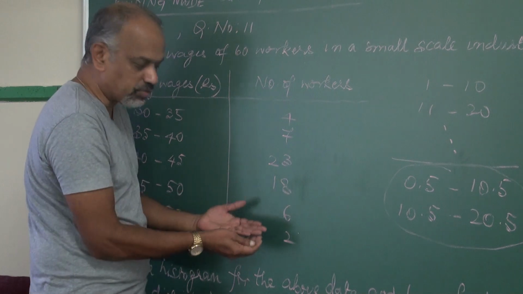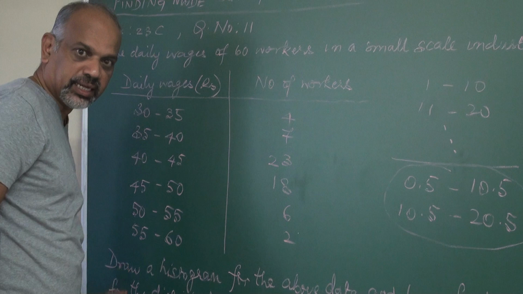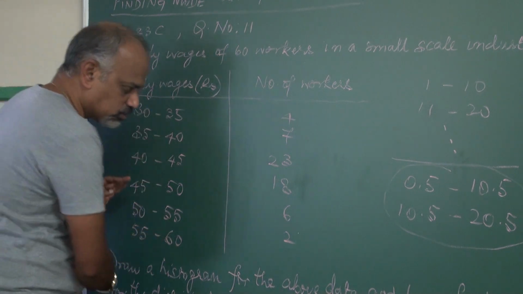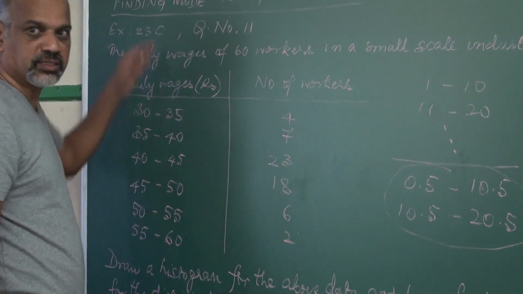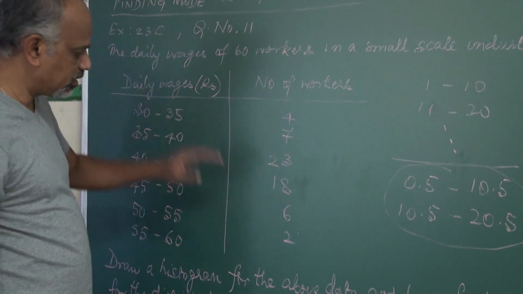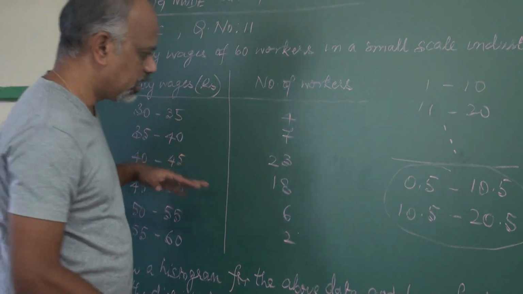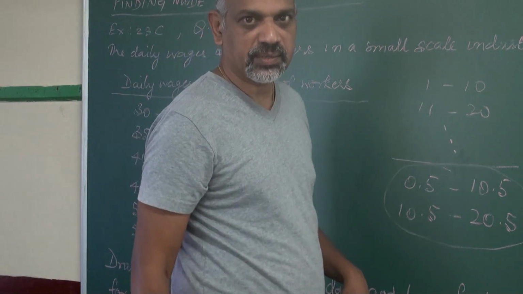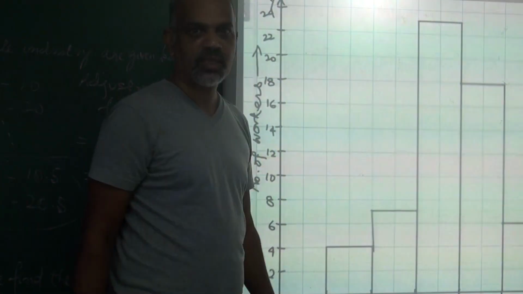So you will have to divide your y-axis accordingly. That is the vertical line that you get. All these data goes on the x-axis, the horizontal line, and all these go on the y-axis, that is the vertical line. So you will have to plot from 2 up to 23. So let's go to the graph on the other side.